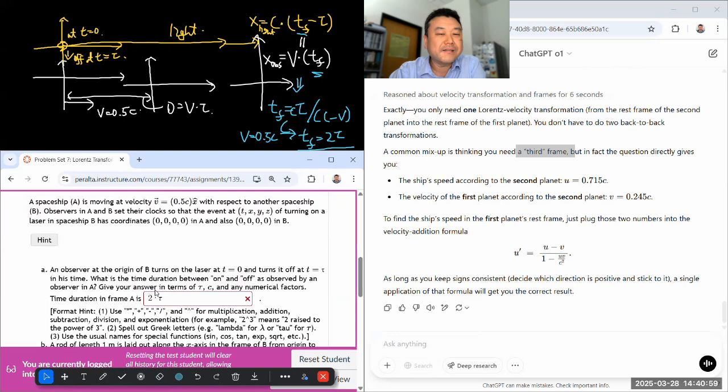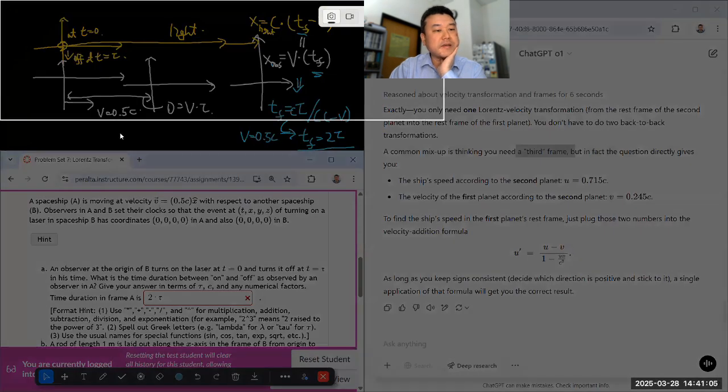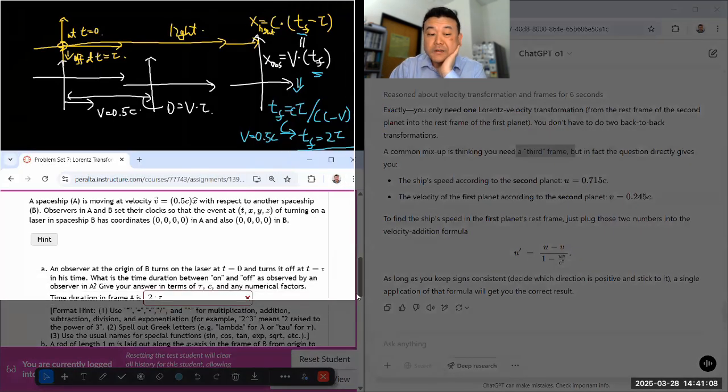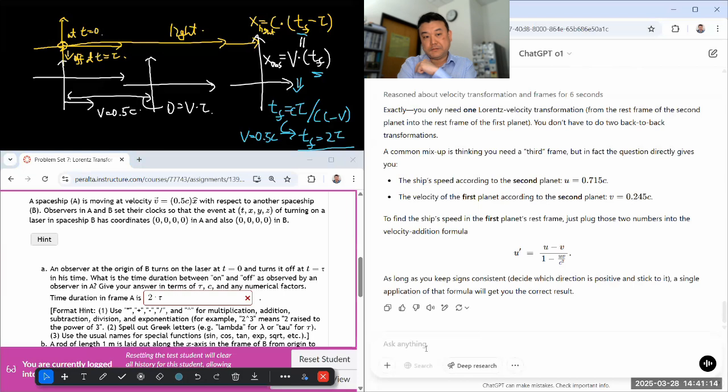Let me see if ChatGPT can help us spot this mistake. It's possible that it won't.